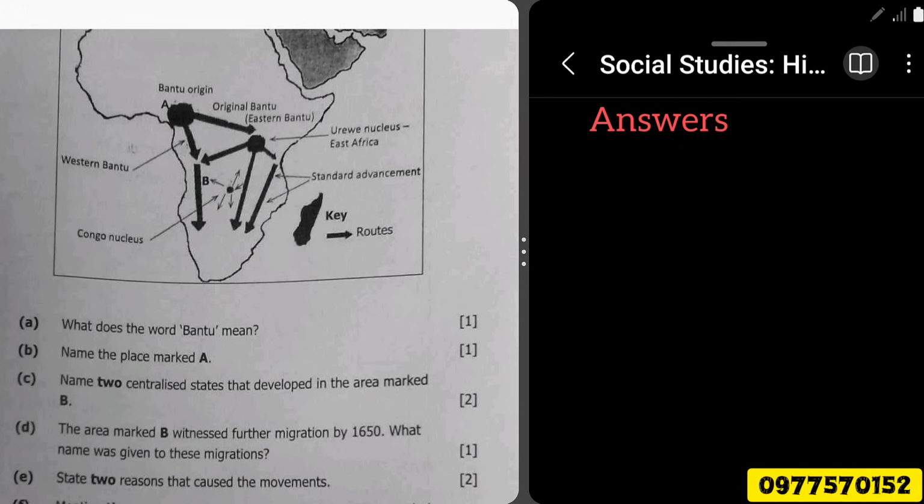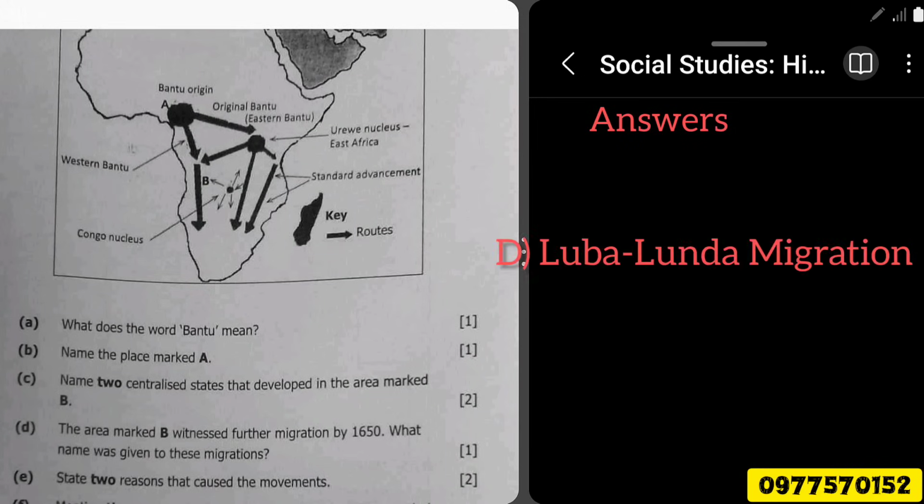D, the area marked B witnessed further aggression by 1650. What name was given to these migrations? Luba Lunda migration, or Luba Lunda dispersal. Okay, Luba Lunda migration.